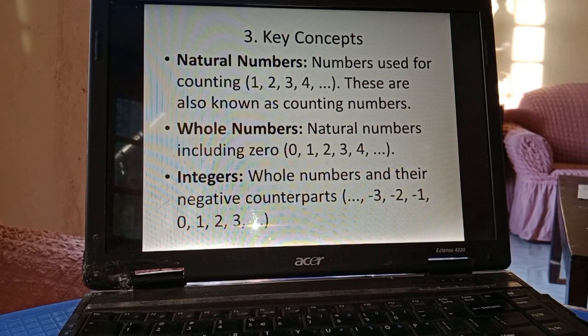Whole numbers, natural numbers including 0: 0, 1, 2, 3, 4. Integers, whole numbers and their negative counterparts: -3, -2, -1, 0, 1, 2, 3.